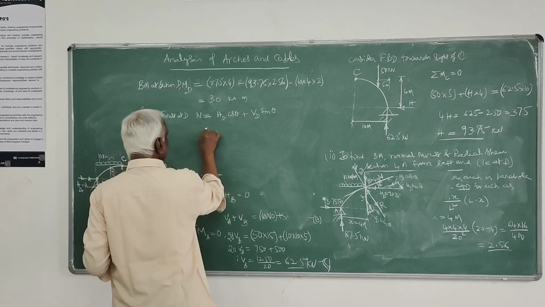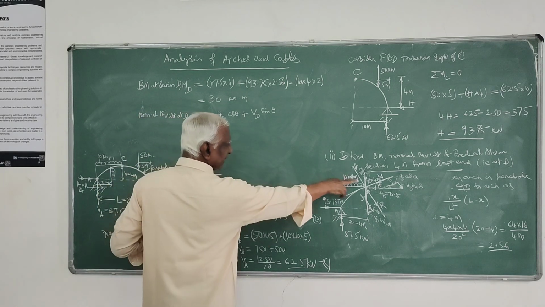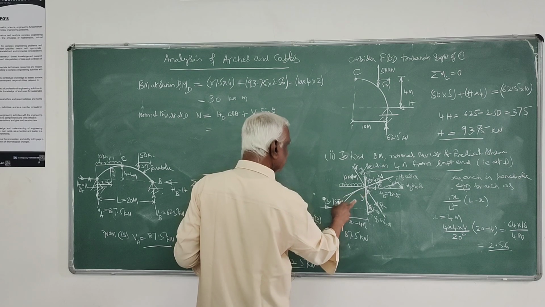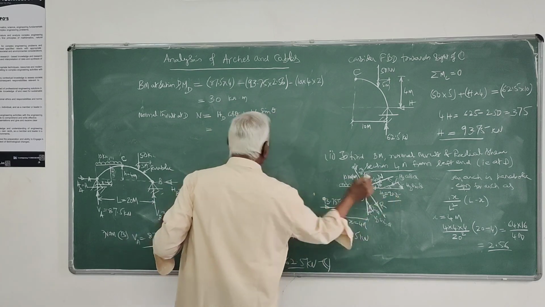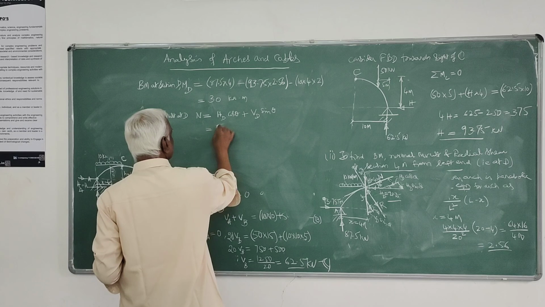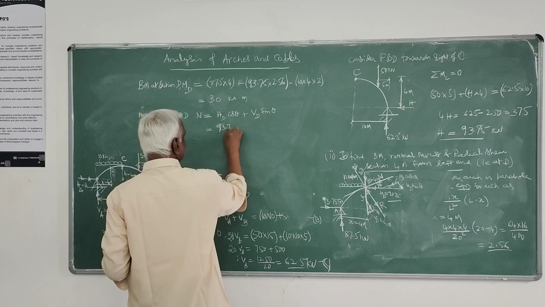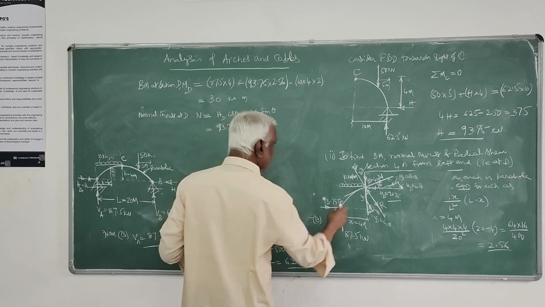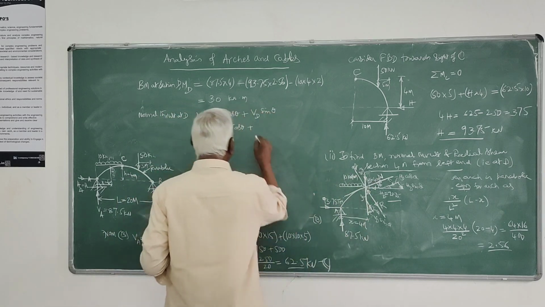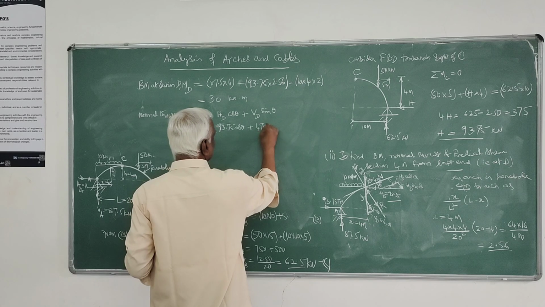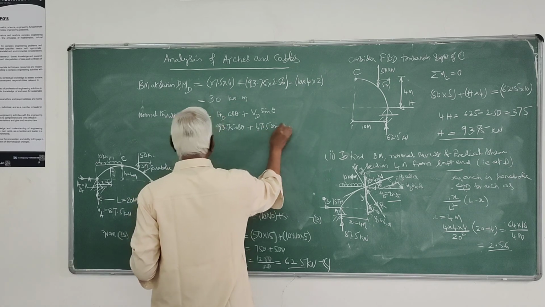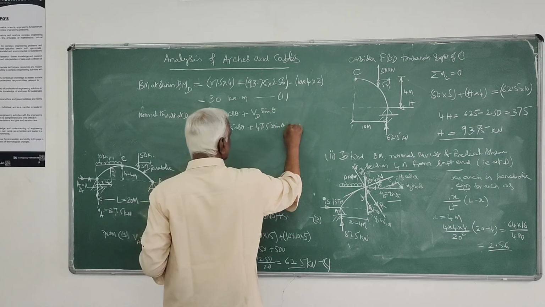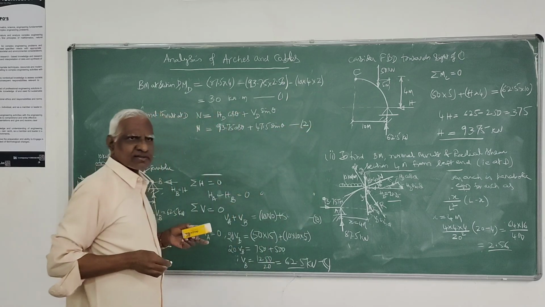Hd you have determined already, it is 93.75. So N equals 93.75 cos theta plus Vd, which is 47.5, sin theta. This is the second result.